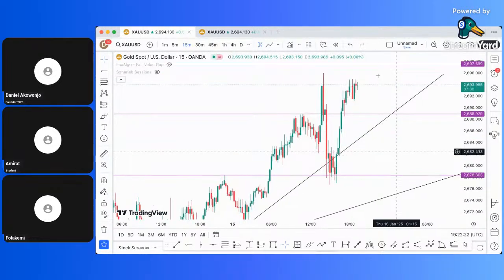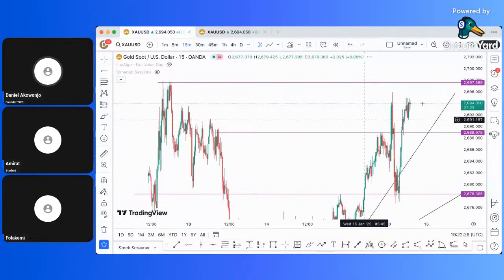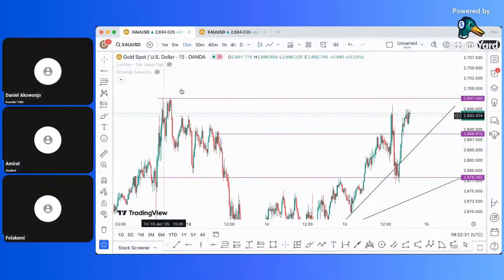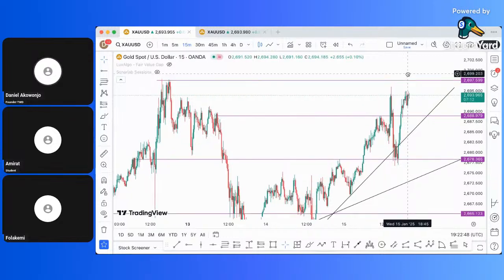Now we want to see price take out this high, which will confirm that we are still in an uptrend. Then price may take out this high as well, and then we might see price push to the downside again, probably to this zone. Then when it comes to this zone, it gives us a pattern, a confirmation, and then we take our entry for the bullish move.